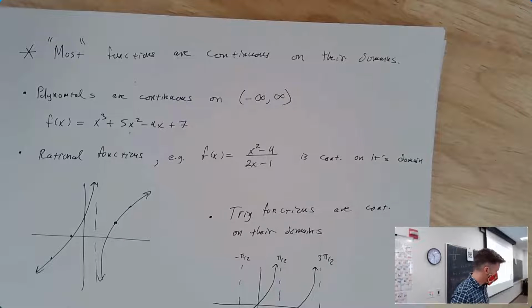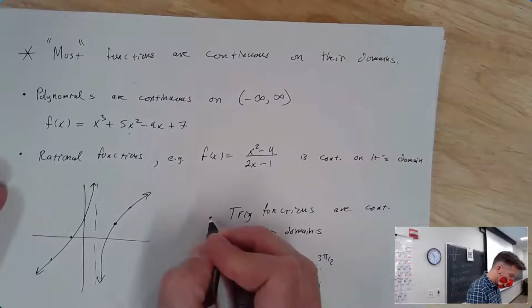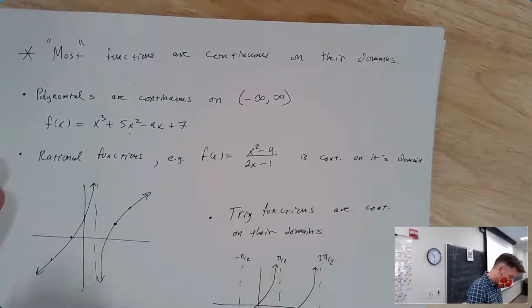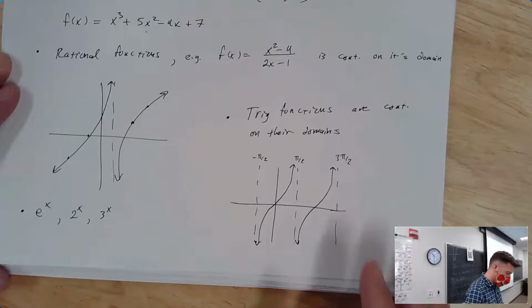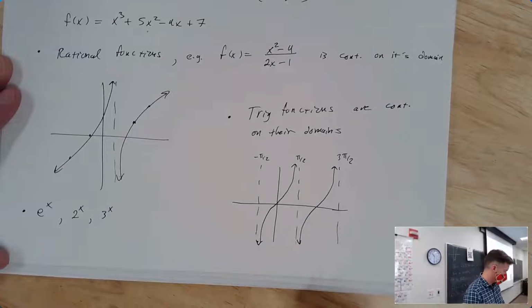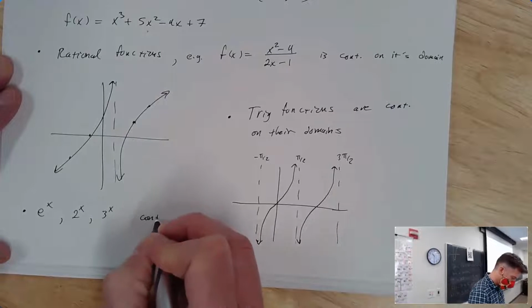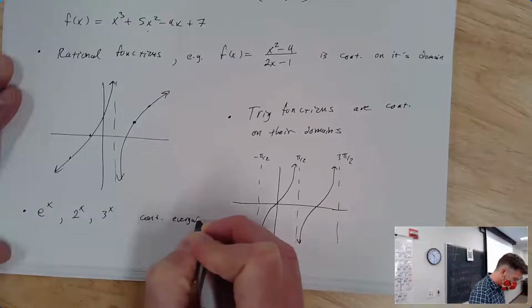And then just a couple more things to add to the list. e to the x, or really any positive base to the x power, these are all continuous everywhere because they're defined everywhere.